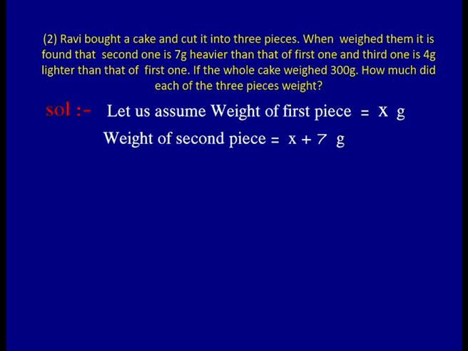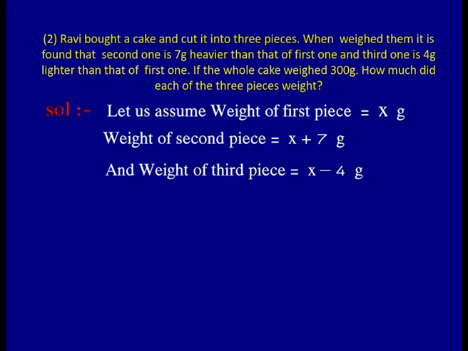So the weight of the second piece is equal to x plus 7 grams, and the weight of the third piece is equal to x minus 4 grams, because it is given in the question itself that the third one is 4 grams lighter than the first one.